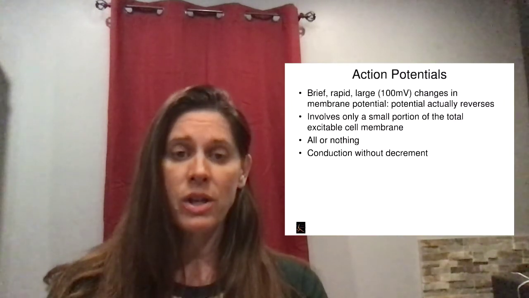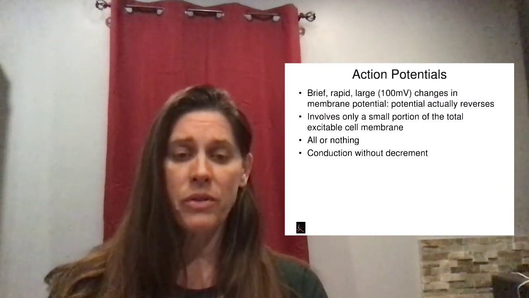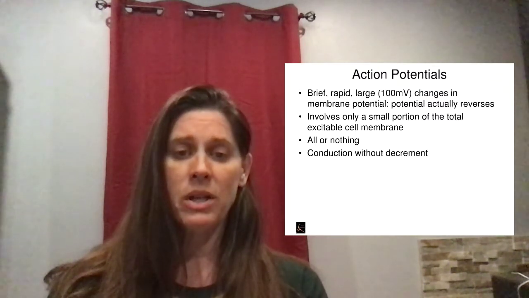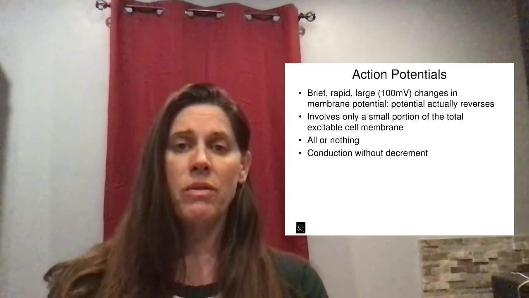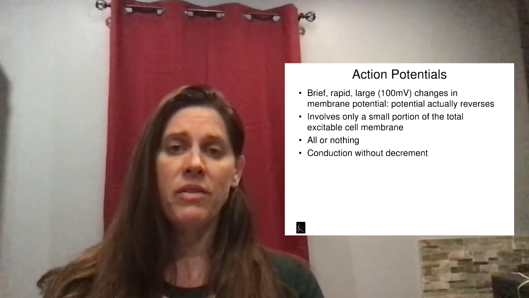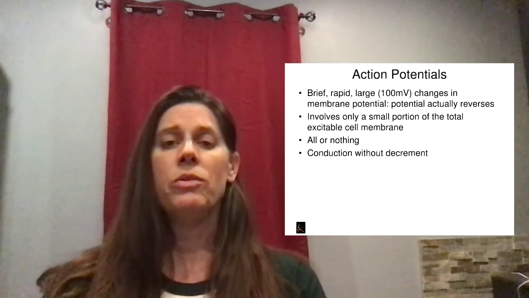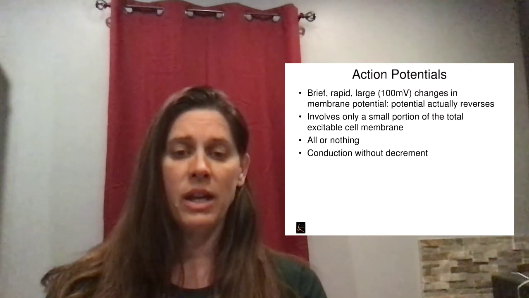They're large, so there can be a change of about 100 millivolts in the membrane potential. So the membrane potential is actually reversing. Remember, the inside of the cell starts out negative and it's going to go toward the positive, and then it'll come back down to negative again.